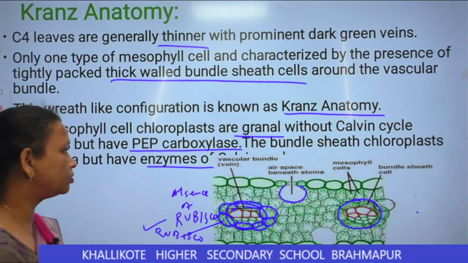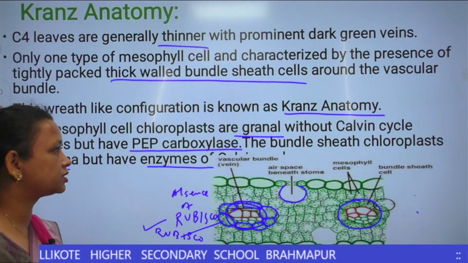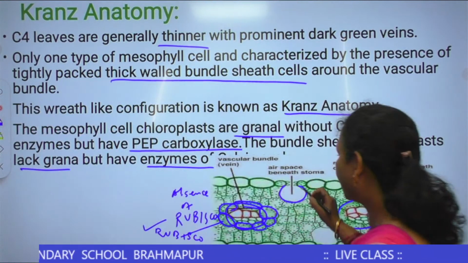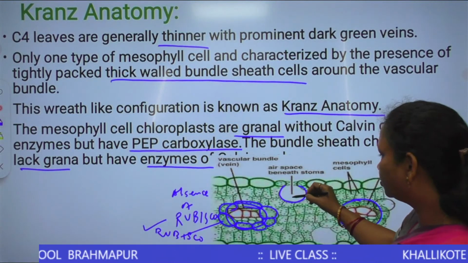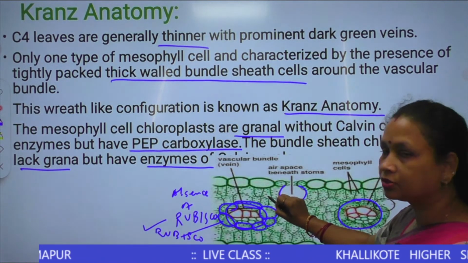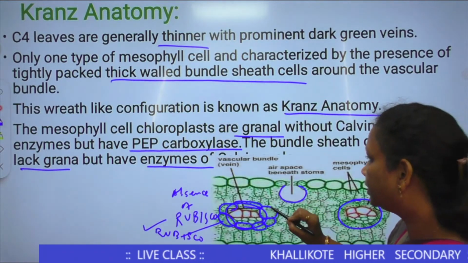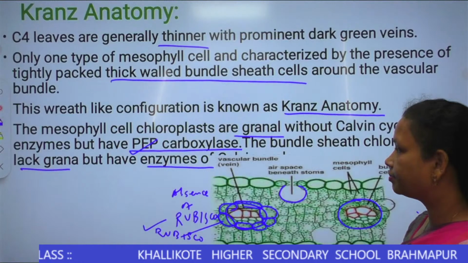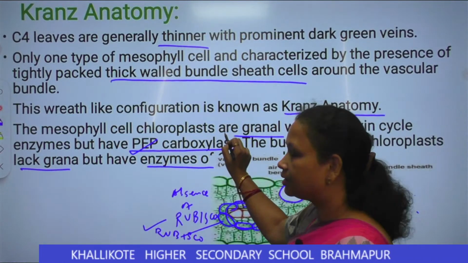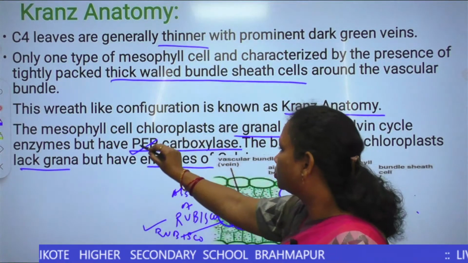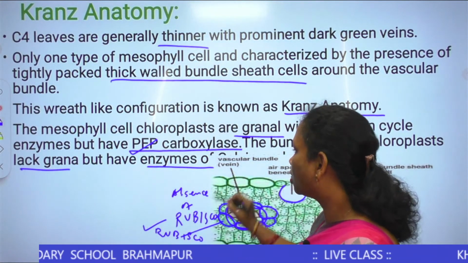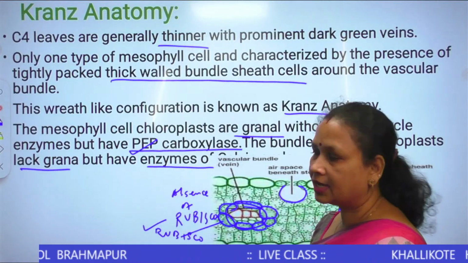So, how does this help in the process of dark reaction or the C4 cycle? The carbon dioxide that is diffusing first moves to the mesophyll cell, then it is taken up by PEP carboxylase enzyme. Unlike Rubisco, this enzyme does not have an oxygenase activity. It is purely a carboxylase enzyme.